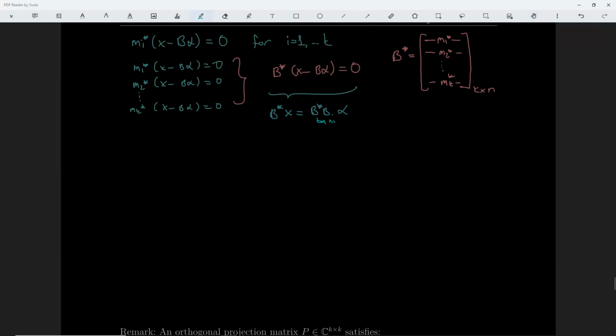And this was an N by K matrix. So their multiplication will be a K by K matrix. Okay. And from the uniqueness of this x1 and alpha, that will also be invertible, but I will write it down first, okay? So B conjugate transpose times B is a K by K matrix.